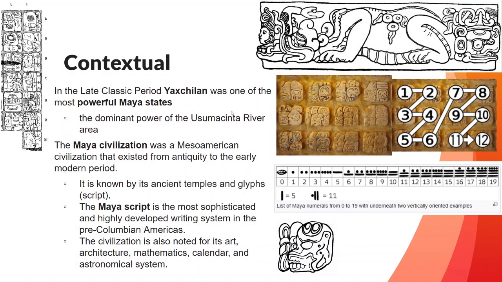Contextually with Yaxchilán, we are looking at one of the most powerful Mayan states. They broke up into these city-states because they're right by that river. That really helps maintain power and control in the Mayan civilization. Mayans existed from a really cool time period.